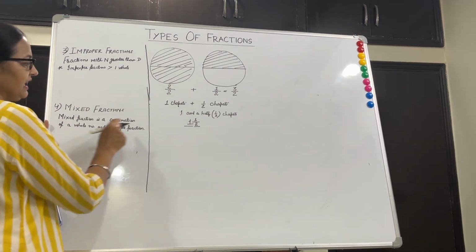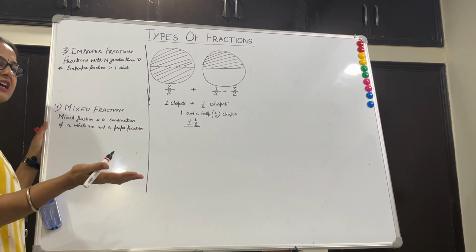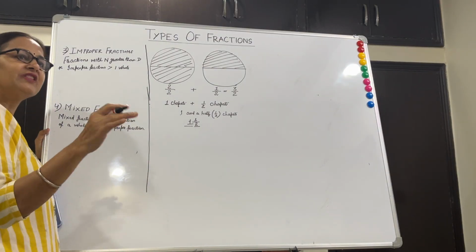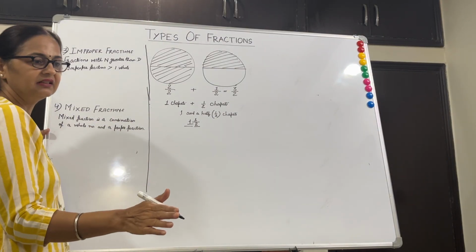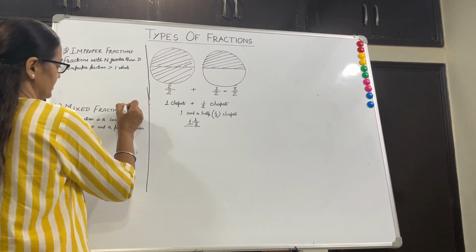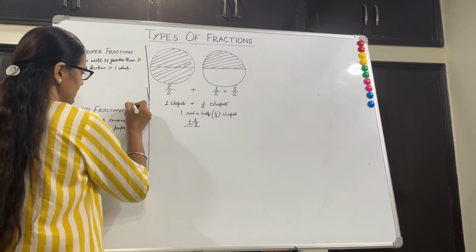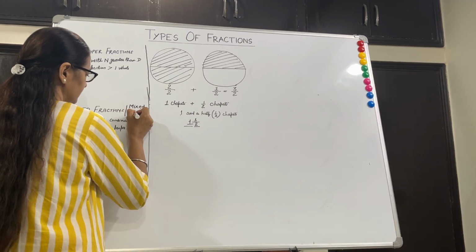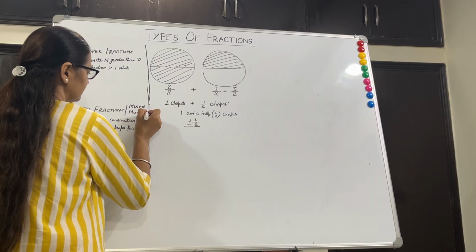So whenever we get more than one thing plus a fraction, we get a mixed fraction or a mixed number. It is called a mixed fraction, or we call it a mixed number also. Okay.